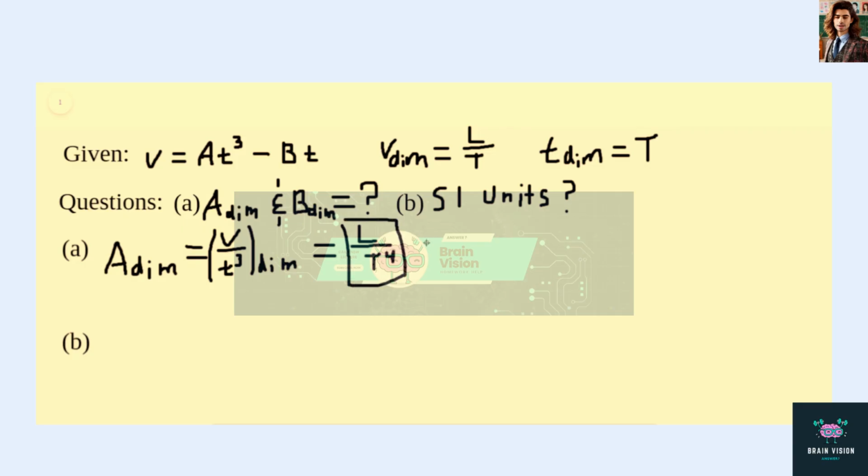So now let's find the dimensions of B. A little semicolon here to separate these parts. So B's dimensions are going to have to be equal to V divided by t. Little t here.